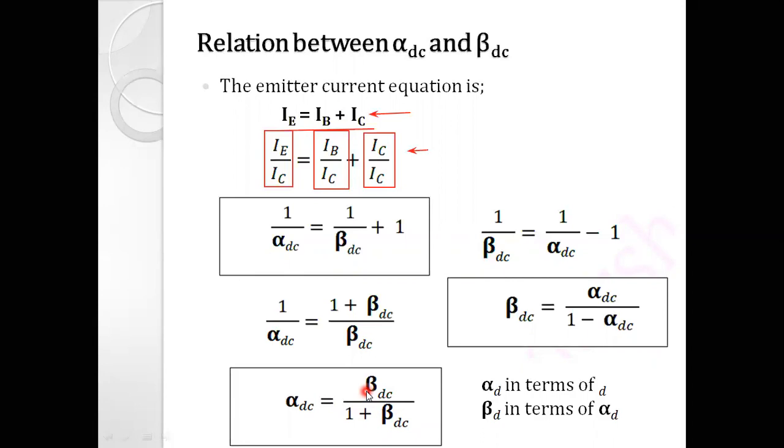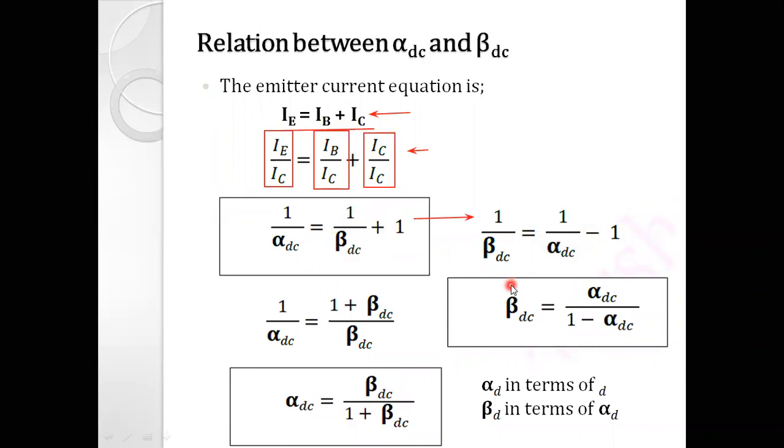But sometimes we need beta DC in terms of alpha DC. So how to do that? This can be done from this step onwards. From this step, we make 1 divided by beta DC the subject of the equation. So we get 1 divided by beta DC is equal to 1 upon alpha DC minus 1. By taking LCM on the right hand side, we get 1 minus alpha DC divided by alpha DC.